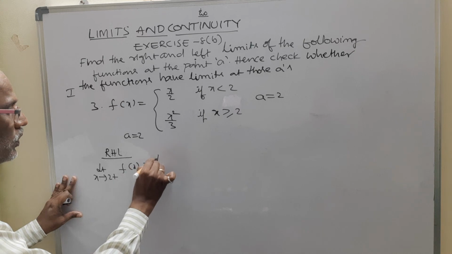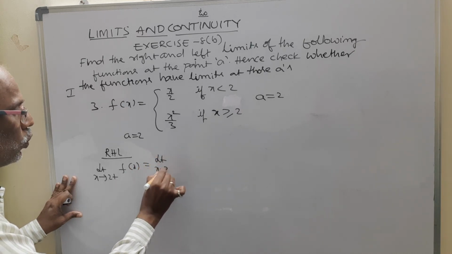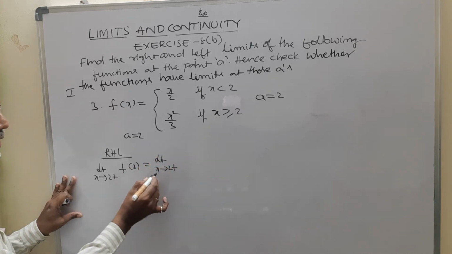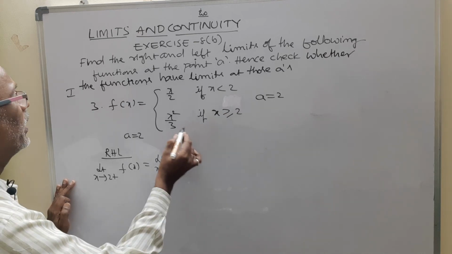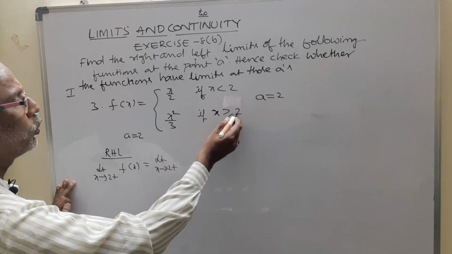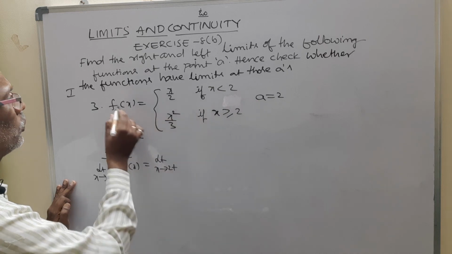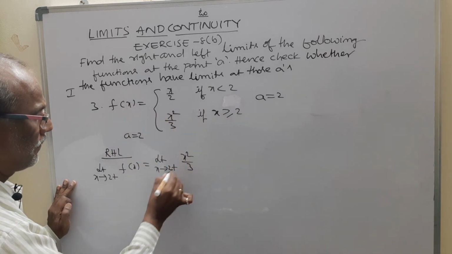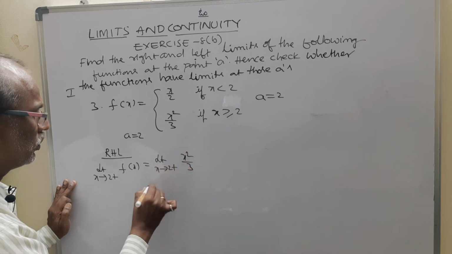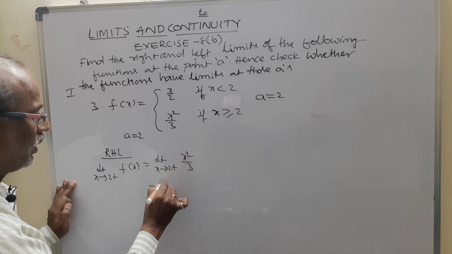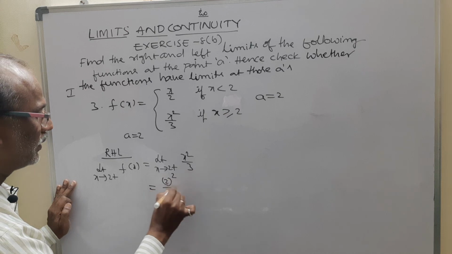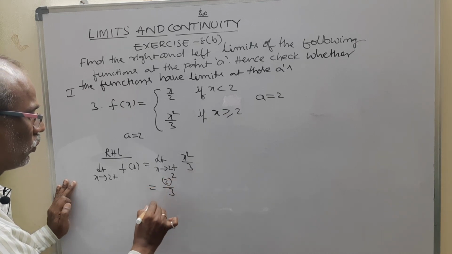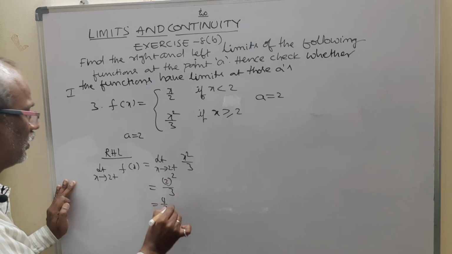X tends to 2 plus means to take x greater than or equal to 2. If x is greater than or equal to 2, f of x is equal to x square by 3. Substituting x equal to 2, we get 2 square by 3. 2 square value is 4, so it equals 4 by 3.